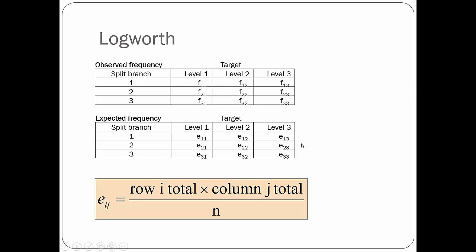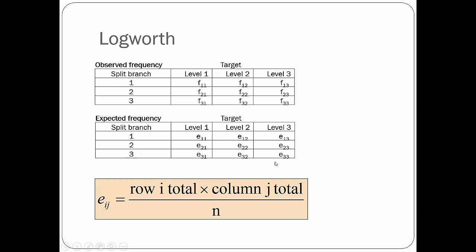So to the extent the observed frequencies deviate from these, if they are way different, then the observed frequencies are pure, relatively speaking, compared to the completely impure situation. So you find the expected frequencies: you find the total for each row and the total for each column, and then you multiply the row i total with the column j total, and then divide by n, the sum of all the observations, the total number of observations.